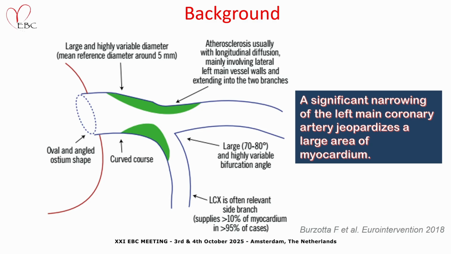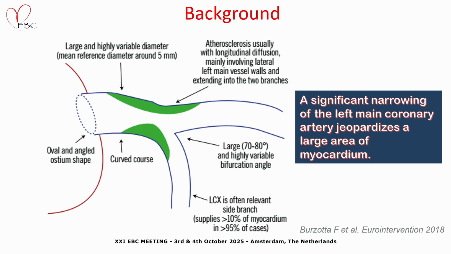And basically, you know that left main presents a completely different coronary vessel, different from other coronary circulation in terms of large diameter and caliber, and it has a specific atherosclerosis that develops from the lateral sides of the main branch towards the distal main and the side branch in terms of LAD and circumflex. Also, the angle of bifurcation is very specific.